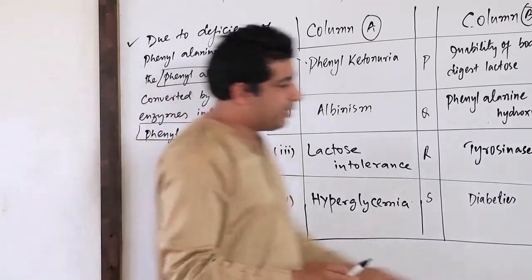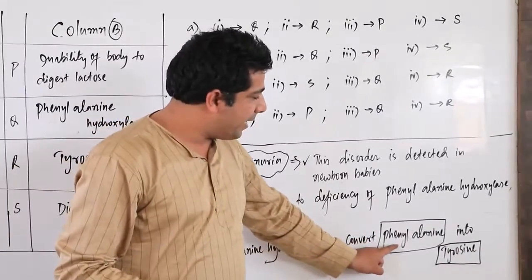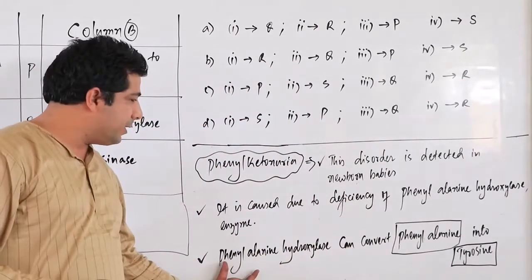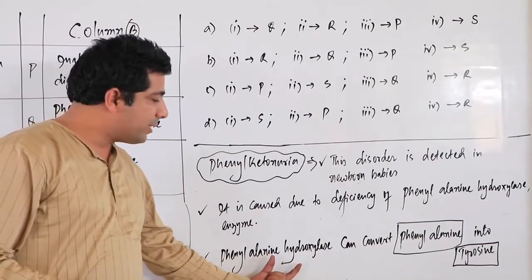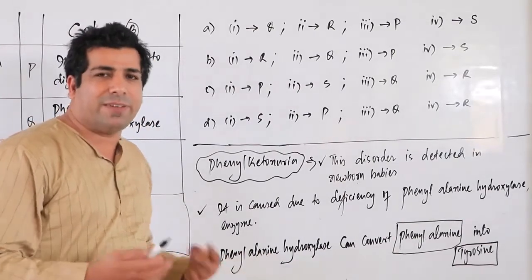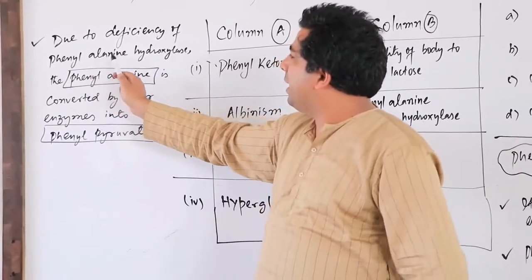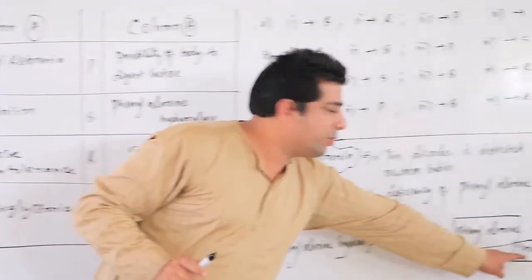In the previous case, phenylalanine hydroxylase, if you look here, phenylalanine amino acid is converted into tyrosine. But I told you that in this disease, phenylketonuria, the phenylalanine hydroxylase is not present. Deficiency is there. So I wrote here, due to deficiency of phenylalanine hydroxylase, your phenylalanine will not change into tyrosine.